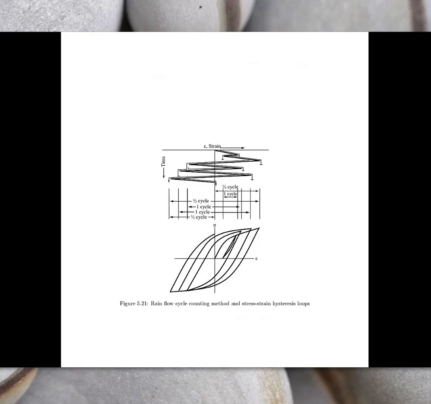For example, you start from the top, and then this will be this part, and then you go down, so you're going backwards, and then you go up again, so you have another cycle here, and then you continue up to this point, you go down, and so on.